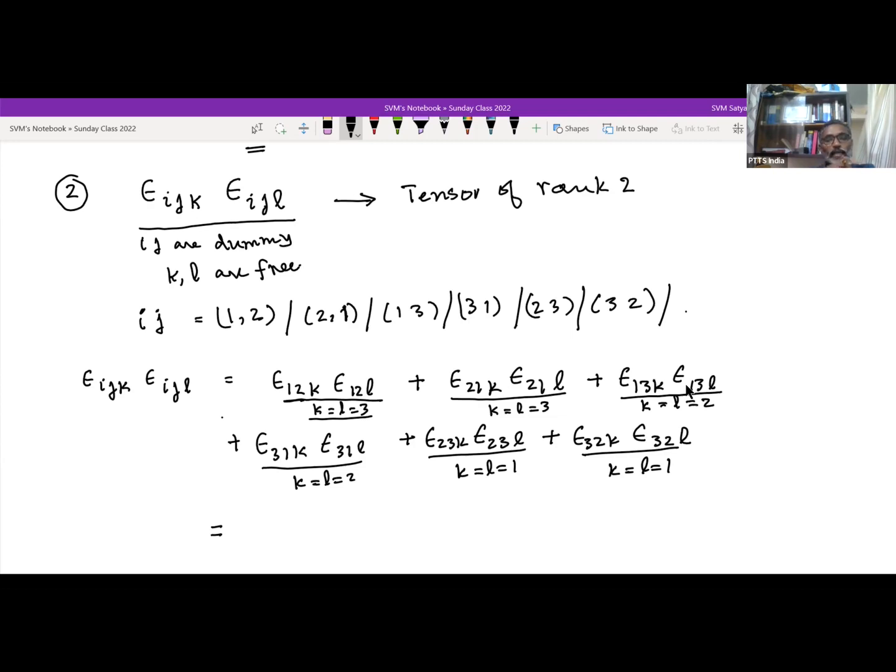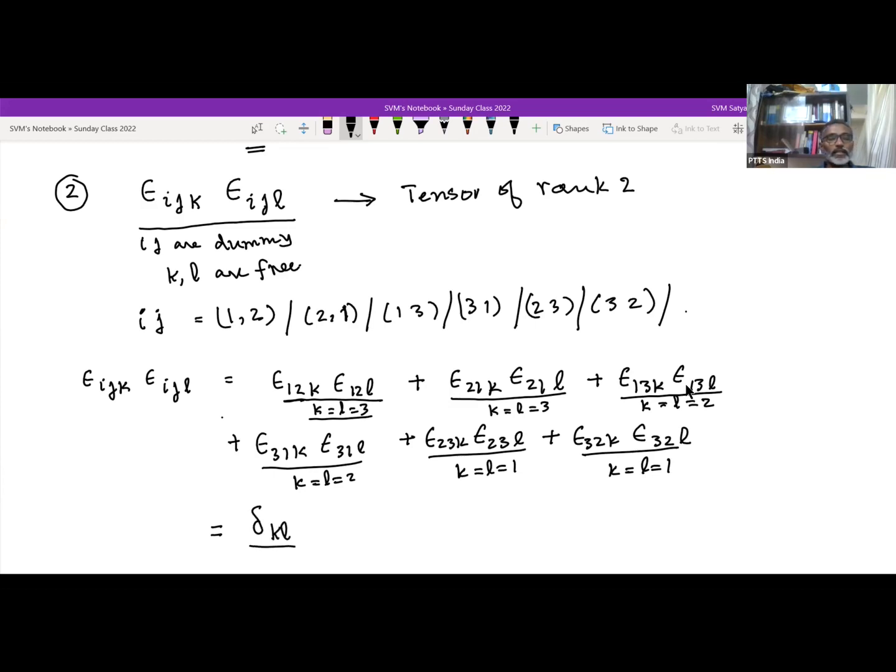What can I write this as? It cannot be a scalar, right? Because there are values, if you choose k equal to l equal to 3, then you have 1. Sir, we can use Kronecker delta. Okay, so how do I write it? What kind of Kronecker delta is this? Delta kl, sir. Correct. So this is just delta kl.